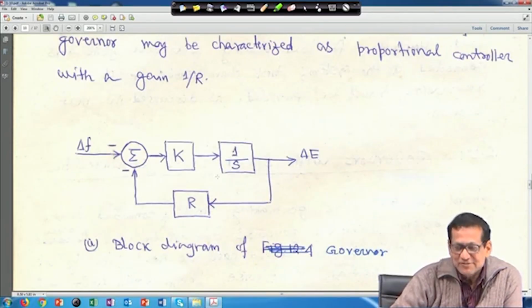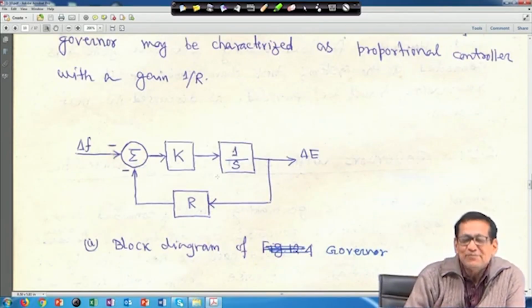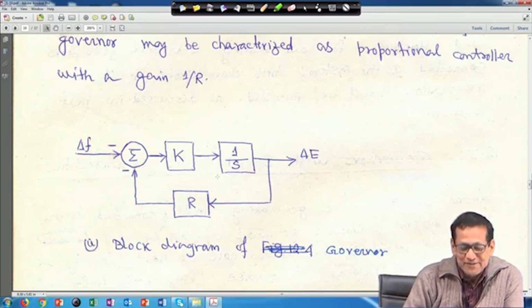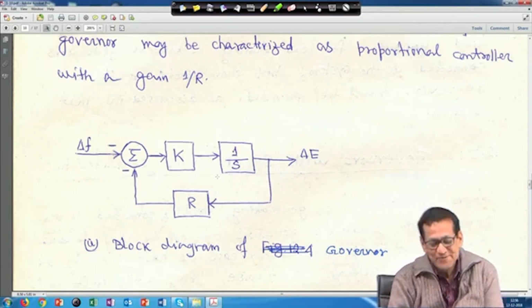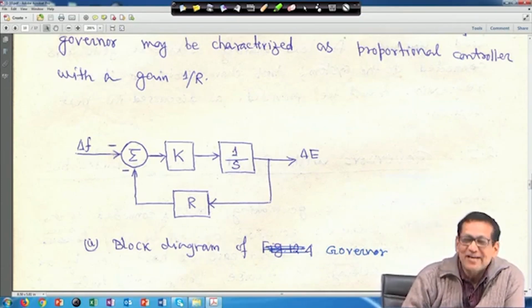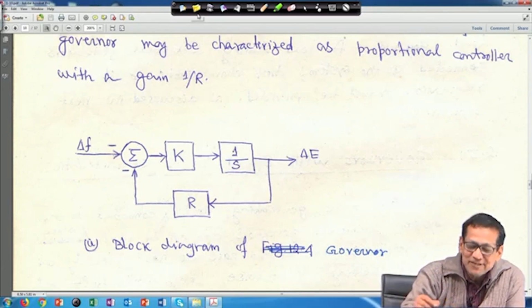You can do this simplification yourself, the same way you did block diagram output by input in control systems. I have not done it here because it is a small thing.